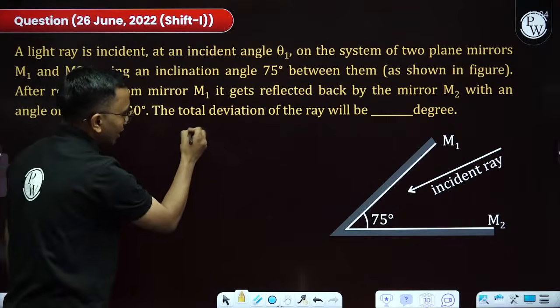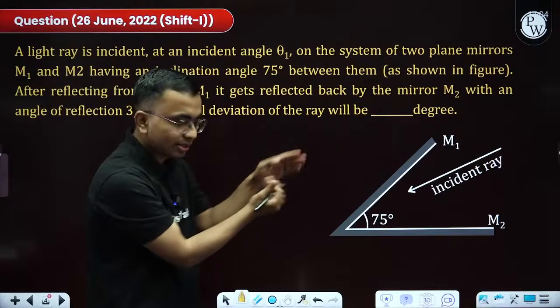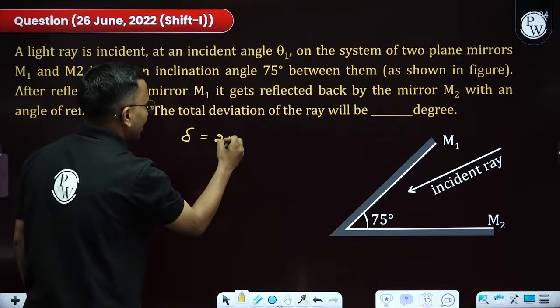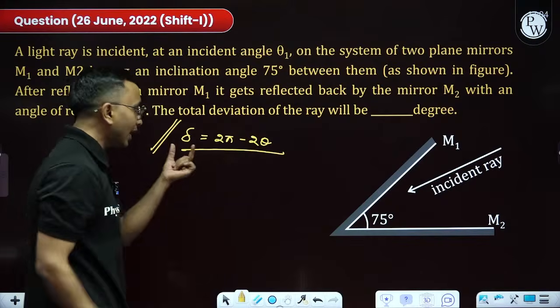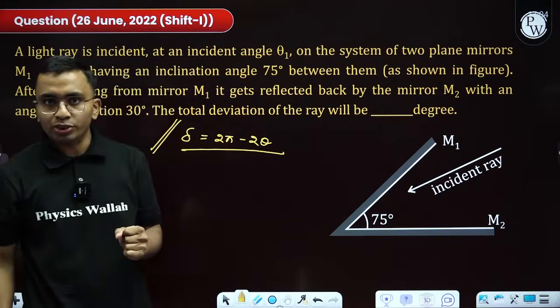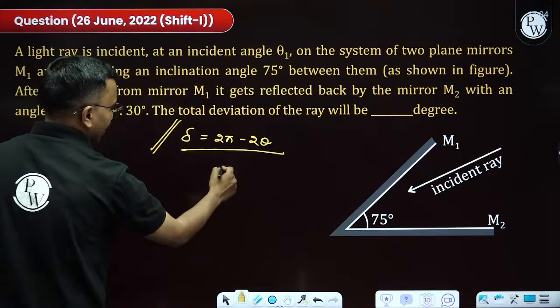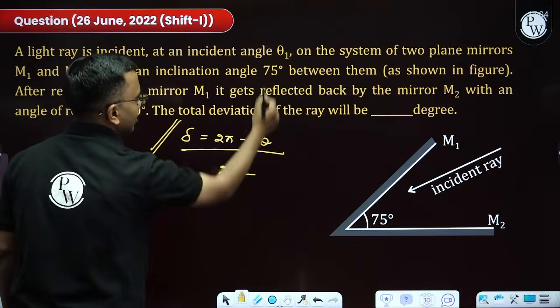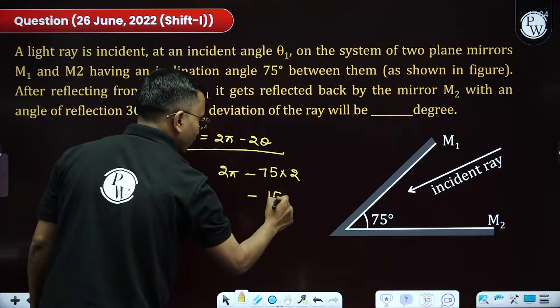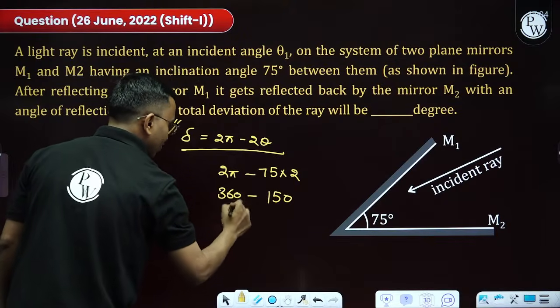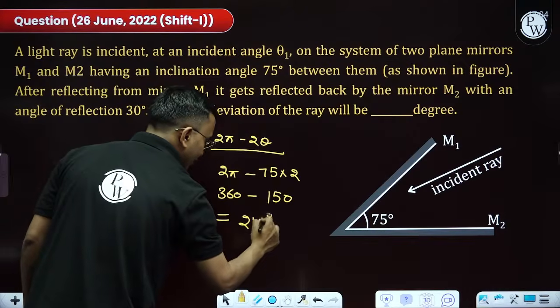We know in case of two mirrors, the net deviation is 2 pi minus 2 theta. Remember this formula. So it is 2 pi minus 75 into 2, which is 150. This is 360, so this is 210 degree.